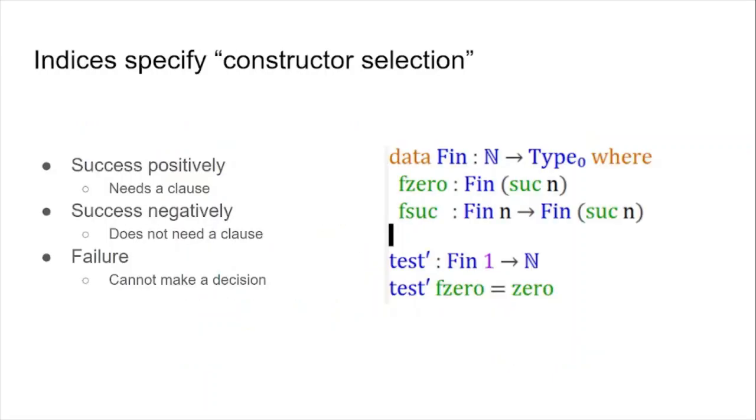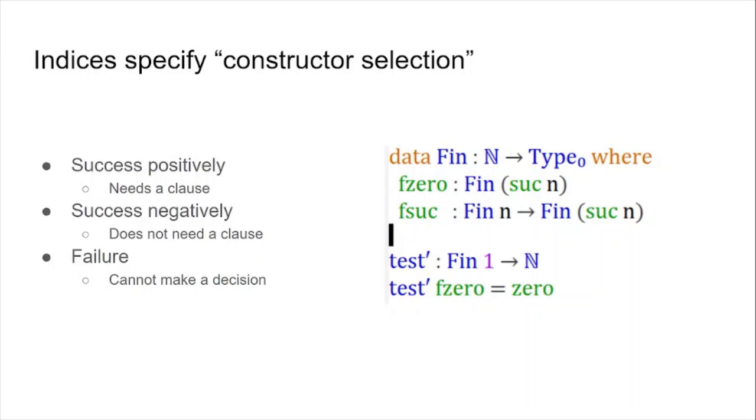The indices specify how the constructor selection process works in the pattern matching of indexed types. When we perform a pattern matching against a fully applied index type, we unify the index arguments in the type and the constructors.